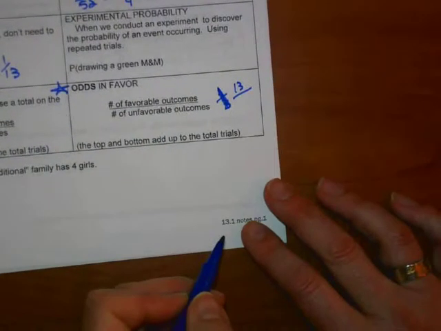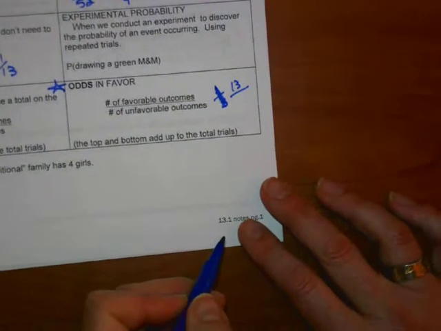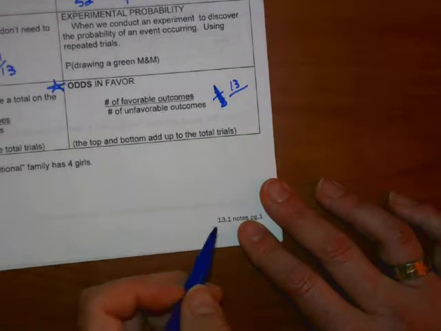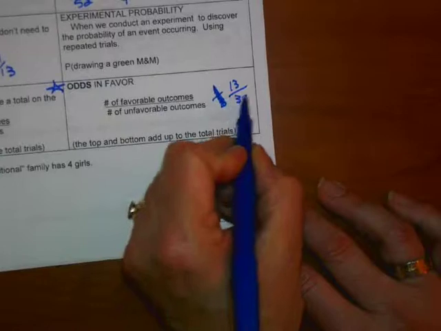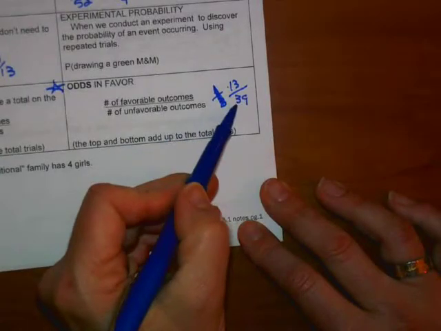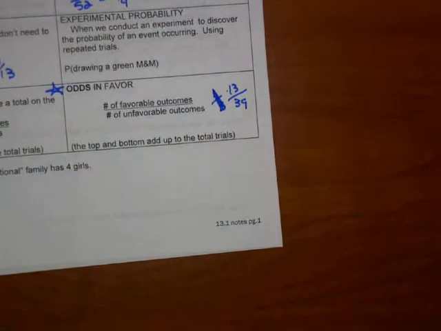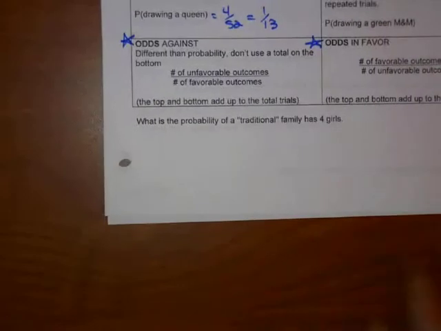How many are not hearts? 52 minus 13, which is what? 39. This is odds in favor of pulling hearts. So you don't use a total on the bottom. The ways it can happen to the ways it can't. That's the difference. Okay?